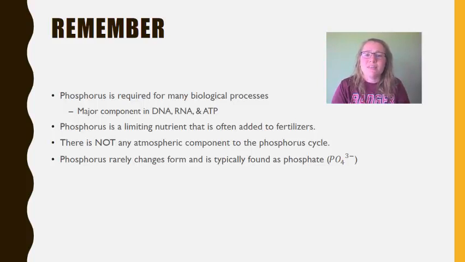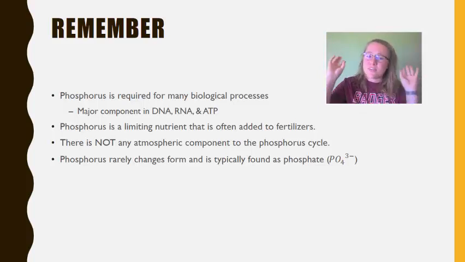Also, keep in mind that there is not an atmospheric component to the phosphorus cycle. So if you ever see a diagram of a nutrient cycle and there is absolutely no arrows going to or from the atmosphere, then you know right off the bat that that is the phosphorus cycle. You don't need to know anything else about the diagram.